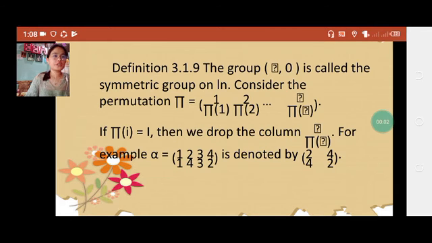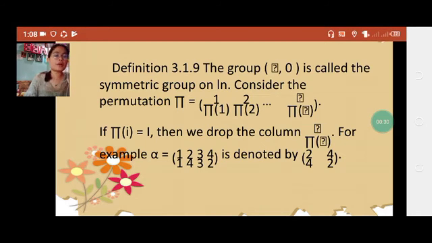So definition 3.1.9. The group S sub n is called the symmetric group on n. So what I said earlier, the symmetric group is a set of all bijections, that is, functions between two sets where each element of one set is paired with exactly one element of the other set.